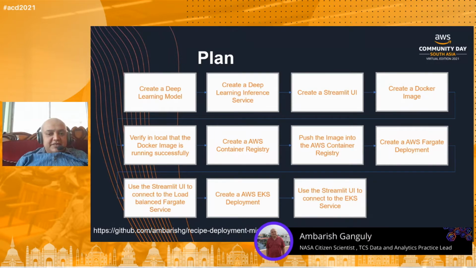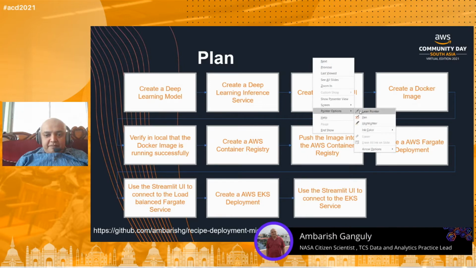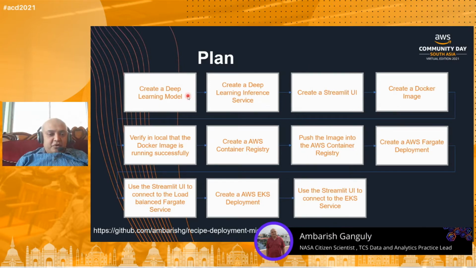We will create a deep learning model, and then we'll create a deep learning inference service. And on top of it, the beauty of analytics is that you cannot express it just like that. You require a UI. Nowadays, Streamlit is a very good UI in which you can build very easily. We'll create a Streamlit UI to wrap this up.